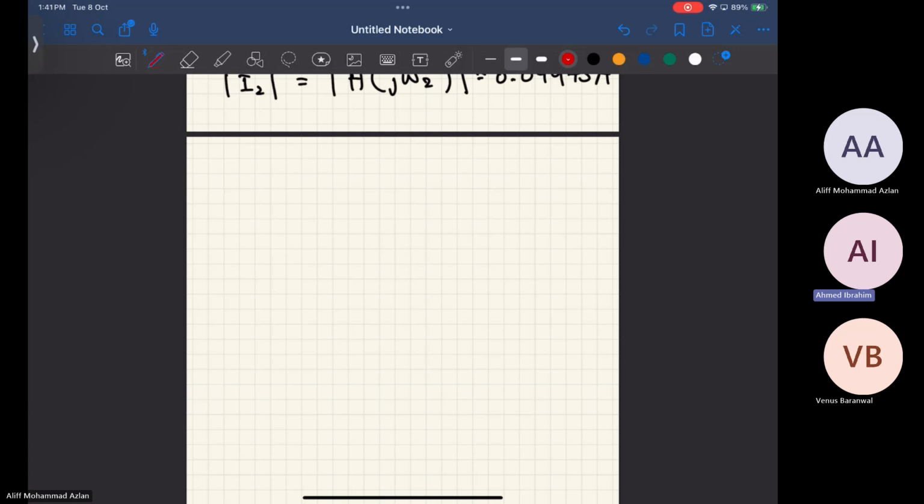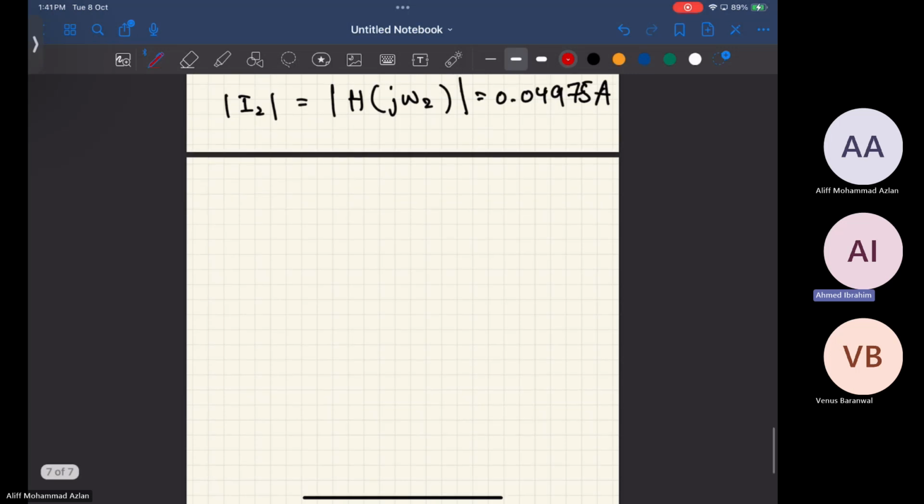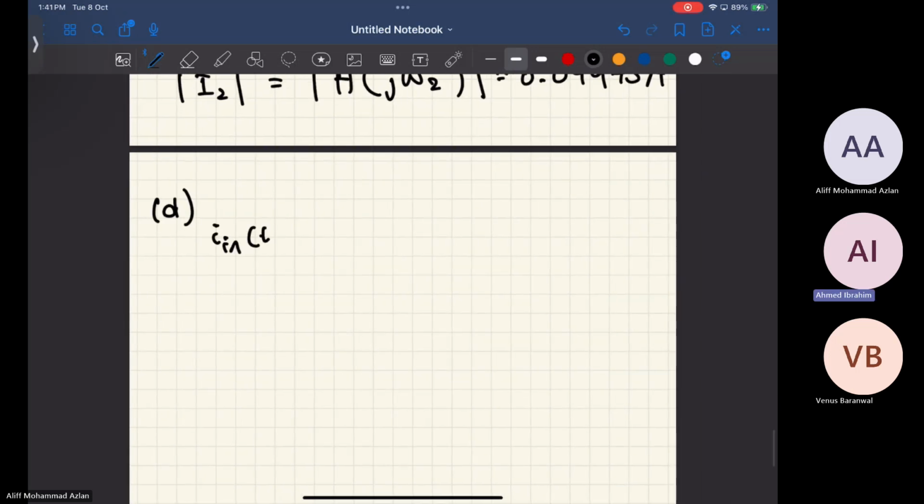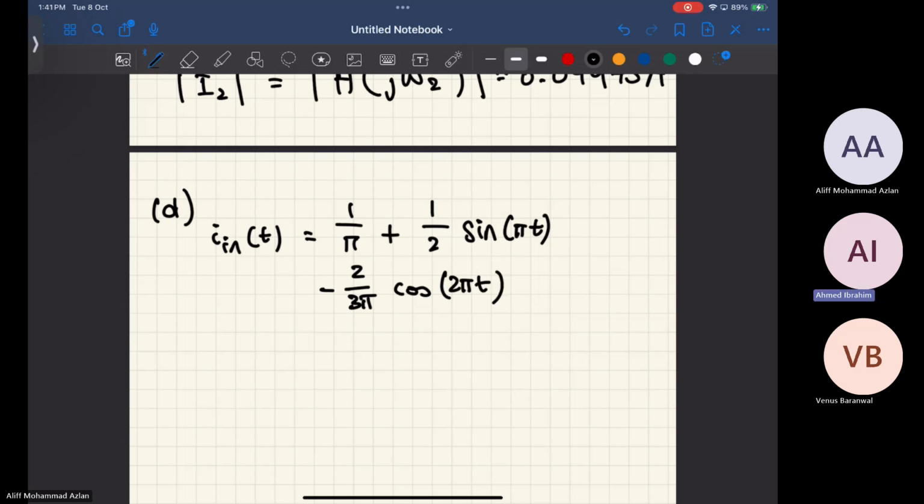All right, the last part of the question is the Fourier transform. Now we are given an input current which consists of lots of harmonics. So we have sine pi t minus 2 on 3 pi cos 2 pi t plus some other stuff which I'm not going to bother writing because it's not relevant to the question.